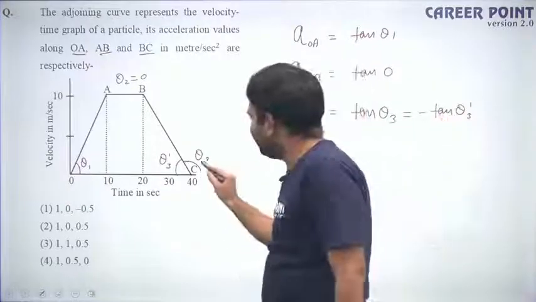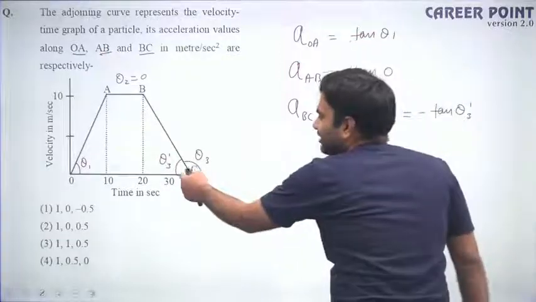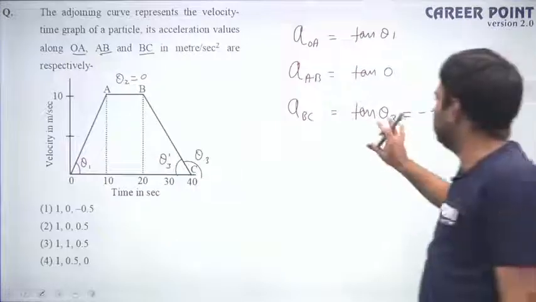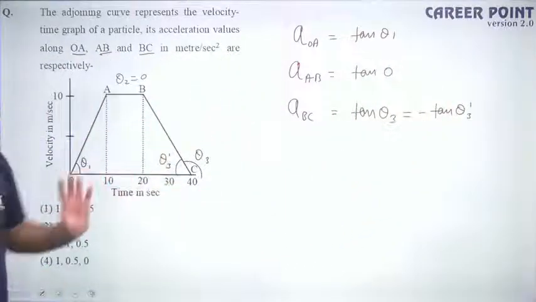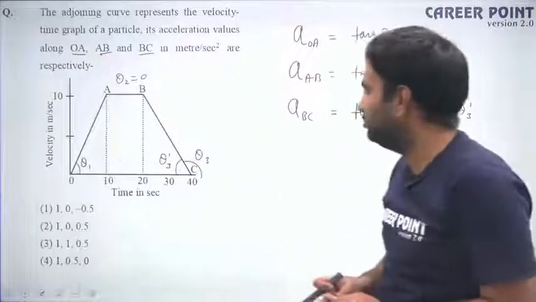If you are taking this angle, then the slope will be tan theta. If you are taking this angle, the slope will be negative of tan theta. This you should remember, because tan of 180 minus theta is minus tan theta.